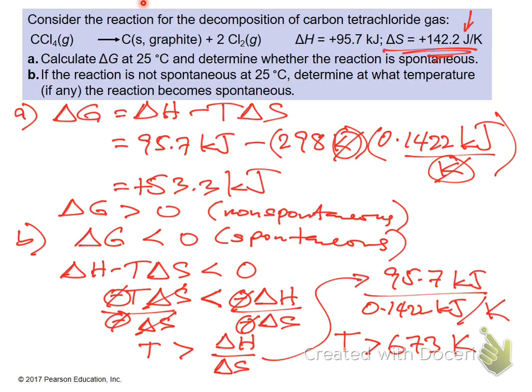So that means that above this temperature, 673, we will have a spontaneous process. Okay. And below this temperature, below 673, we will have a non-spontaneous process. What about at this temperature? It's going to be at equilibrium, so neither. Delta G is going to be 0, so it's neither, right?